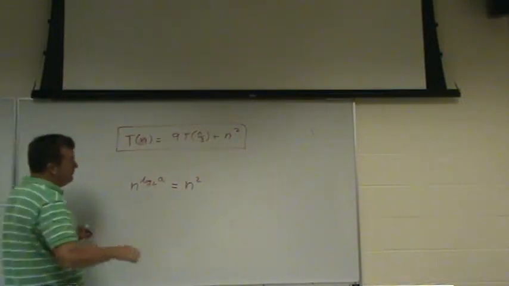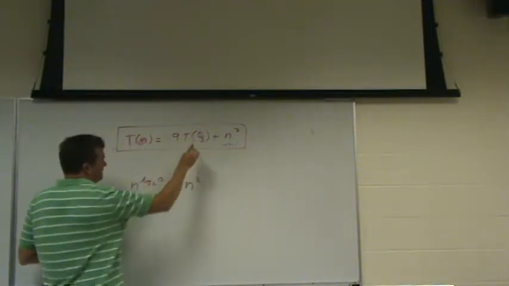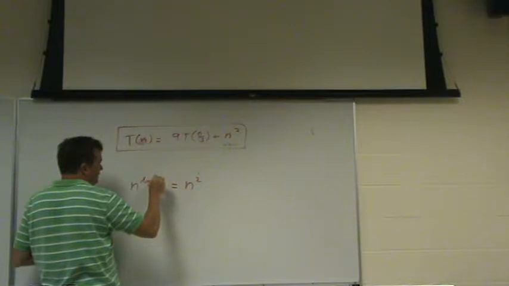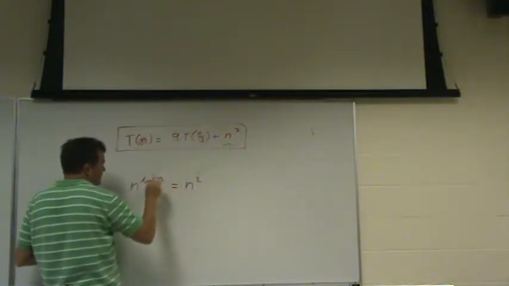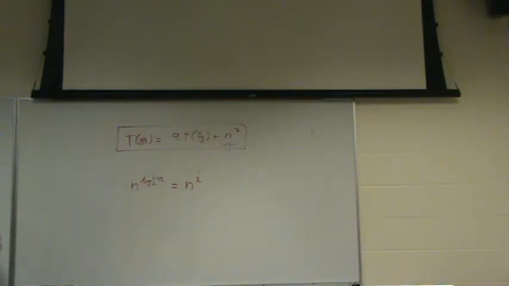Really, if you think about it, we're taking this function, putting it here, and then taking this number, creating this function, and then comparing the two, and asking ourselves, are they equal, or does one dominate the other one?